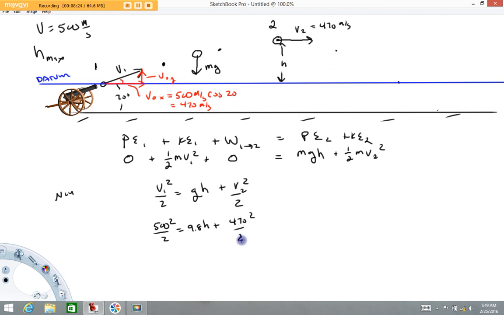I'm going to take a moment here to solve that for h. We would subtract the 470 squared over 2. We're going to have 500 squared over 2 minus 470 squared over 2 equals 9.8 times h. If you calculate this and divide it by 9.8, I get 1,484 meters.